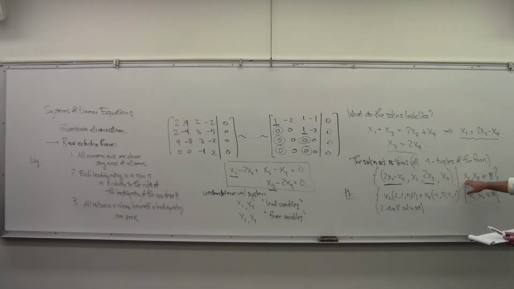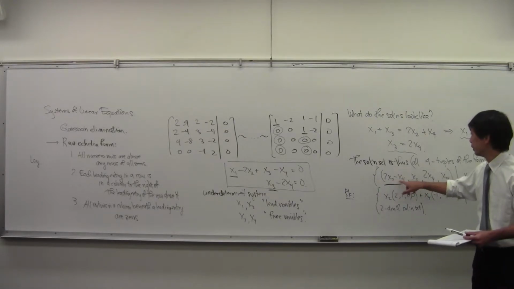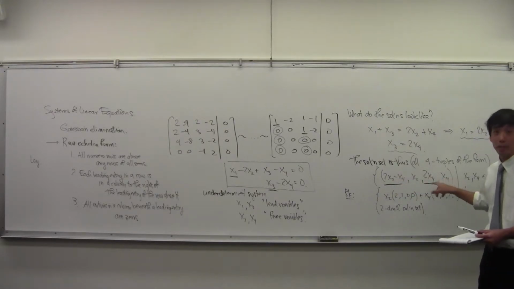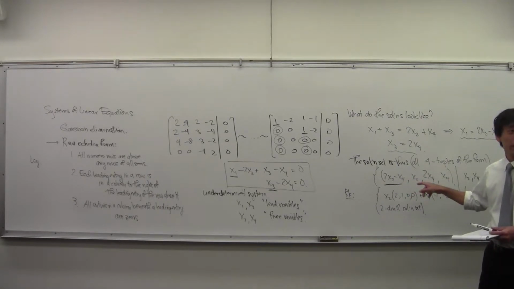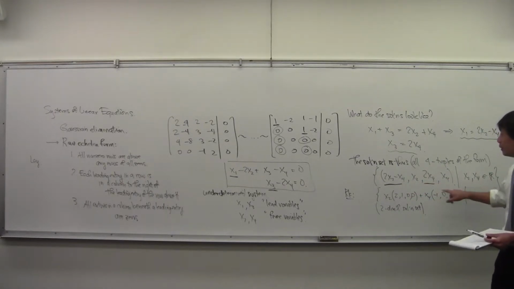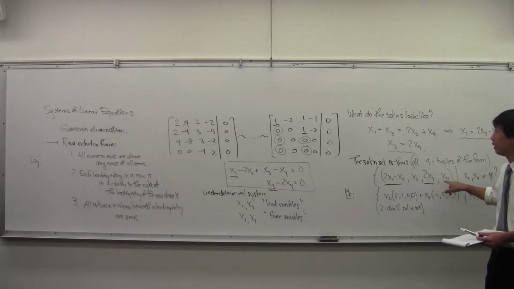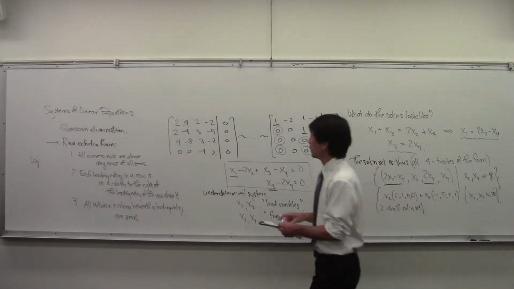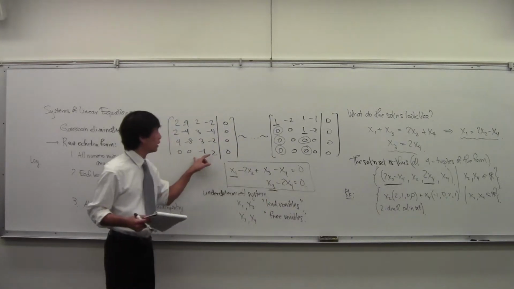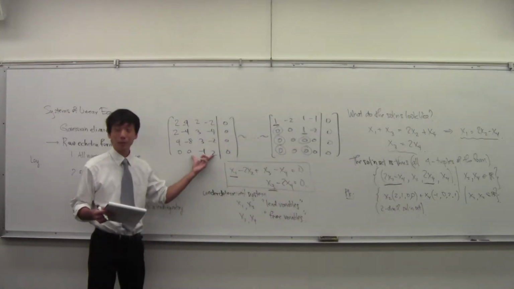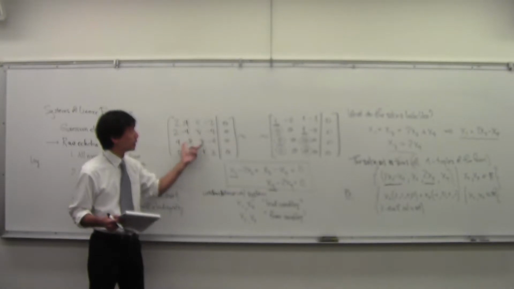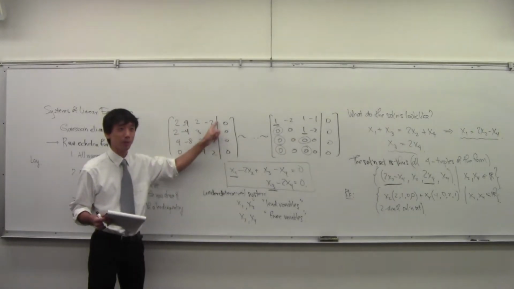So for example, if we take x2 and x4 to be 1, then (1, 1, 2, 1) is in the solution set. If we take them both to be 0, we see that (0, 0, 0, 0) is in the solution set, which you probably knew already, because one obvious solution is to take all of the variables to be 0.